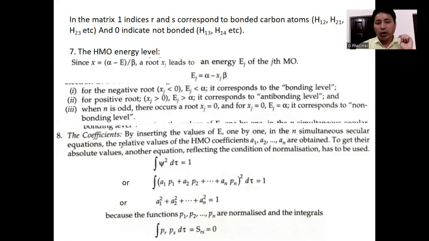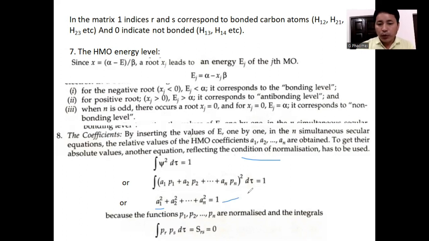And in order to determine the coefficients of this HMO, the normalization condition is also considered. We know that the normalization condition is the integration of psi squared d tau equal to 1 over all space. Therefore, psi is A1 P1 plus so on, and if you do this, the sum of the coefficients squared is equal to 1.